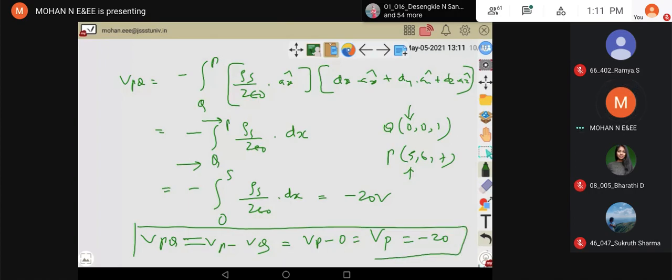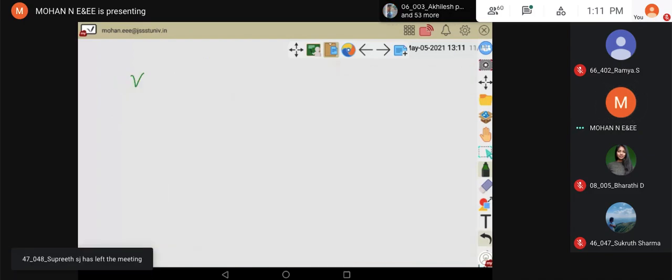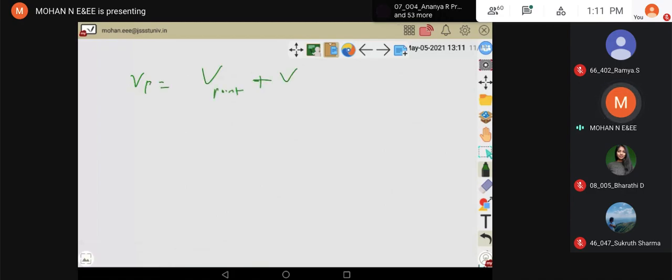Okay. So now just add all the quantities here. VP is equal to V due to point charge, plus V due to line charge, plus V due to surface charge, all at P. Add it, and you'll get the answer.